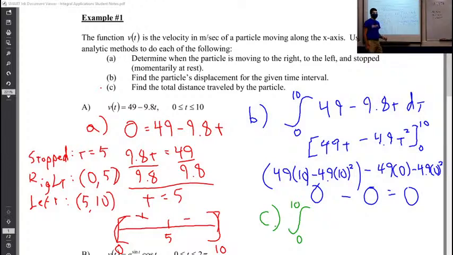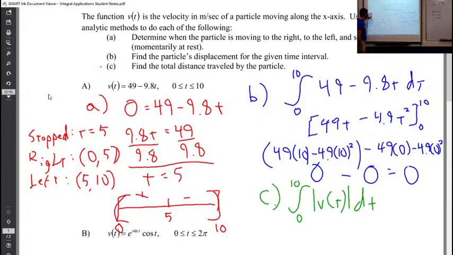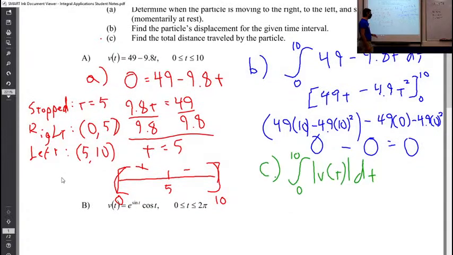Integral of the absolute value of velocity, dt. This is a general formula.